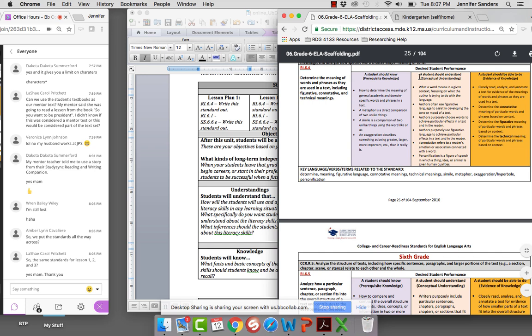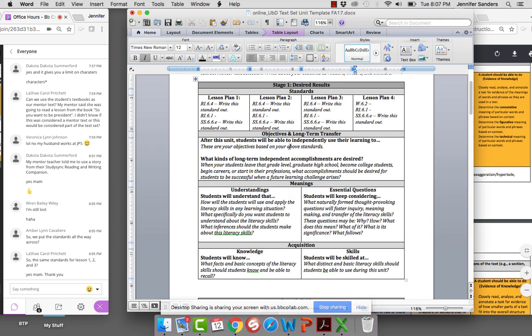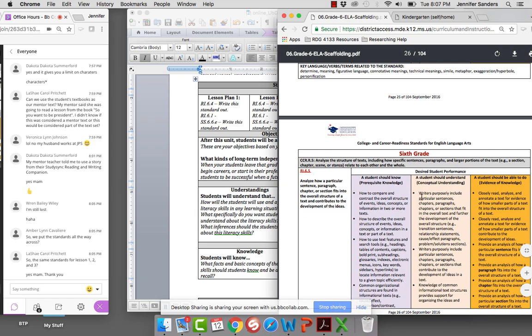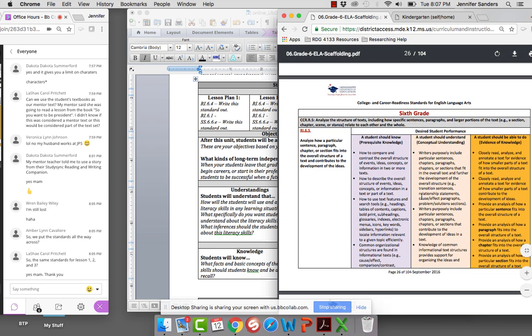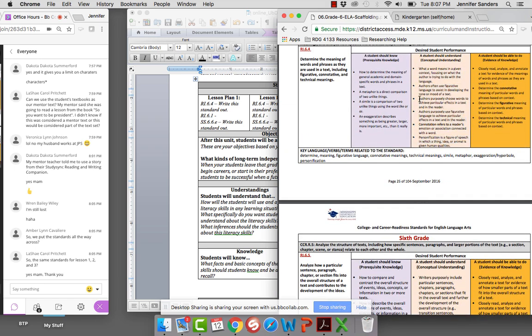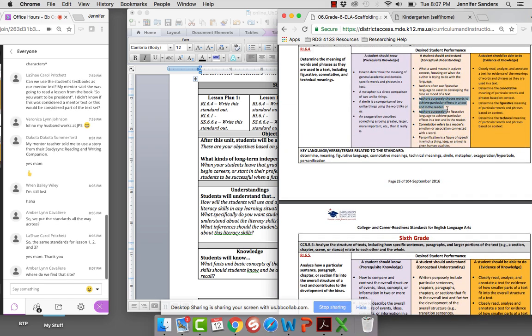I would choose my objectives, this right here. This would actually be one or multiple of these. These are the understandings after they work on this. I wouldn't do all of these. Okay? Like for me, I would say my author's purposeful choice of words. That would be one.